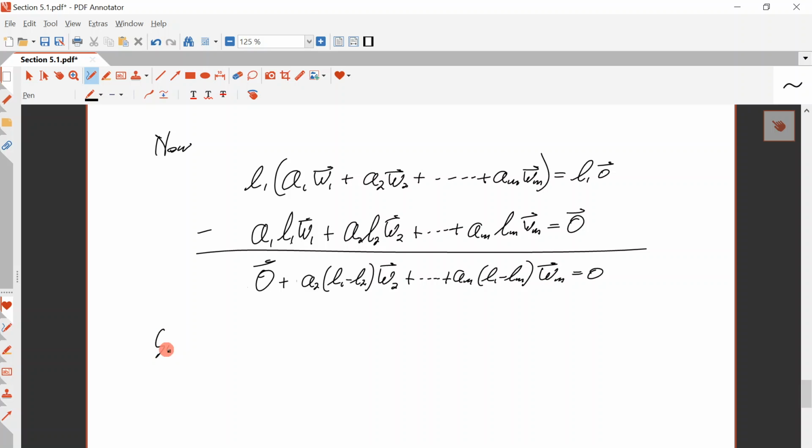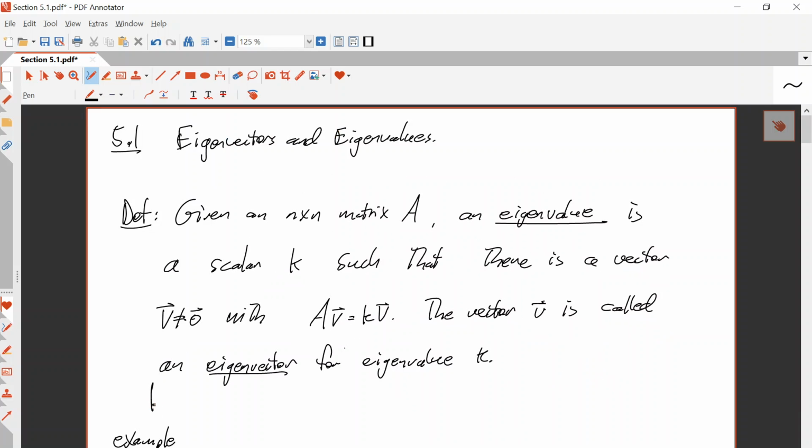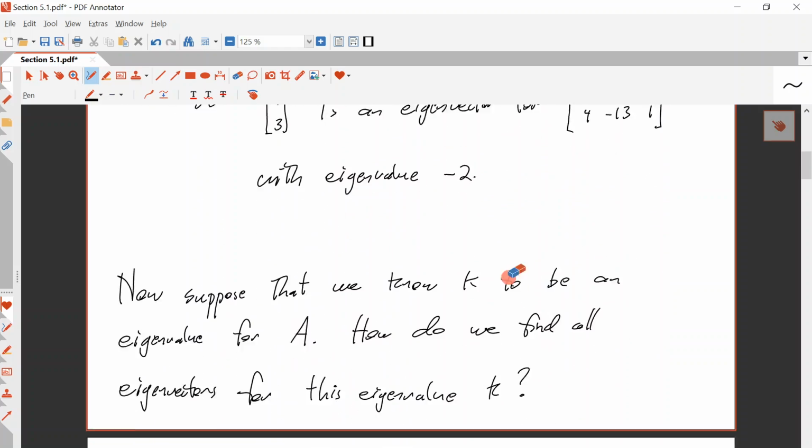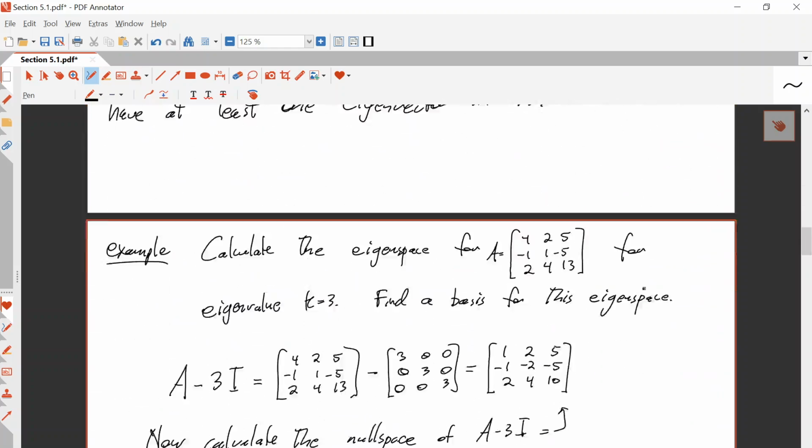But, you know, again, W1 to WM were minimally linearly dependent. So by minimality, W2 through WM are linearly independent. Okay, but well, how did that happen?